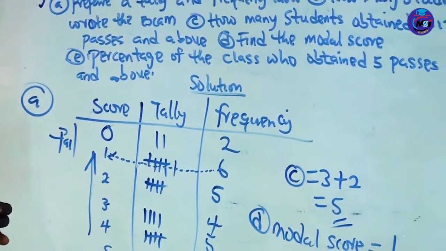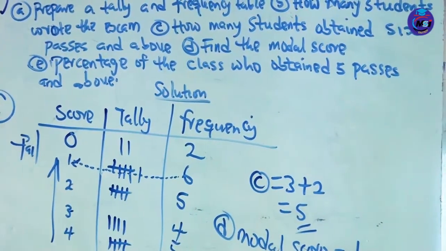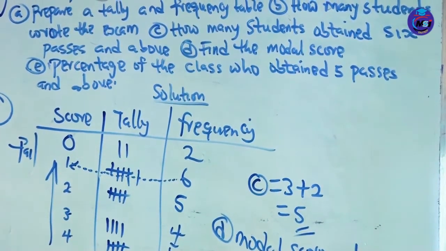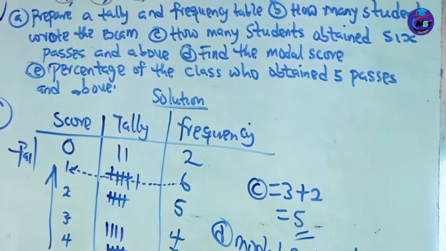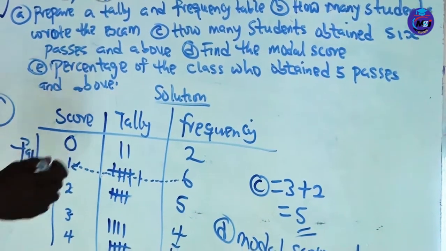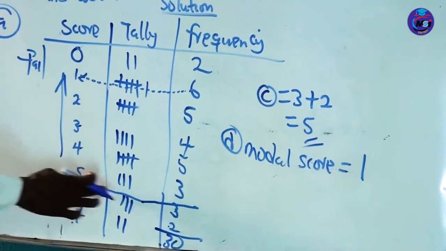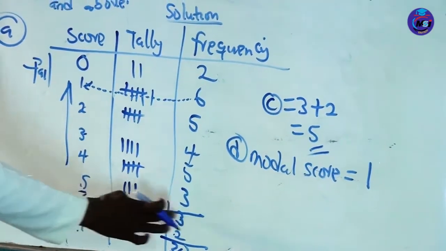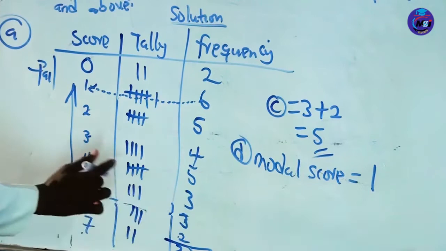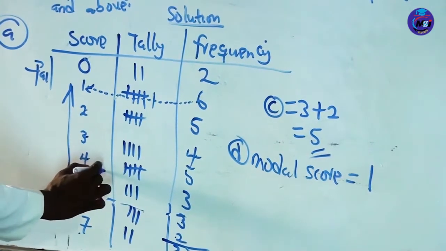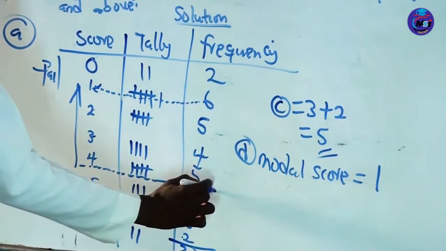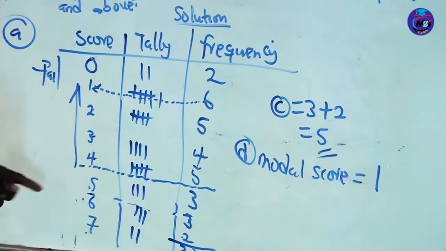Percentage of the class who obtain 5 passes. So that means you are going to start from here, from 5 to 7.